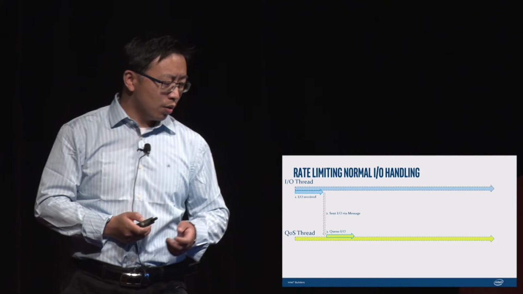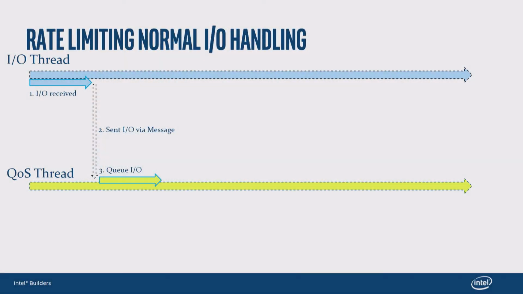And the QoS thread will first queue those IOs. And later, as said, there is a periodically running poller, and when it wakes up, it will check for any allowed IOs to send to the layer below it, to the base Bdevs.